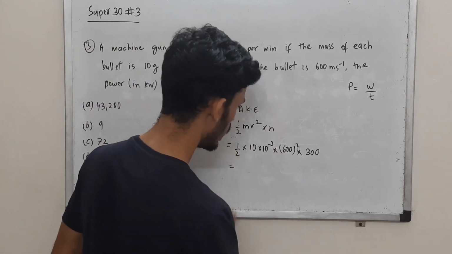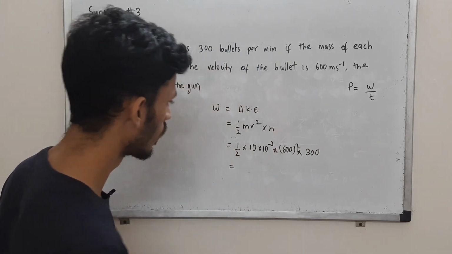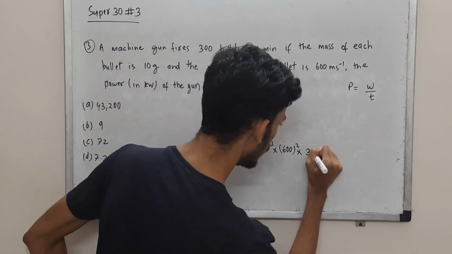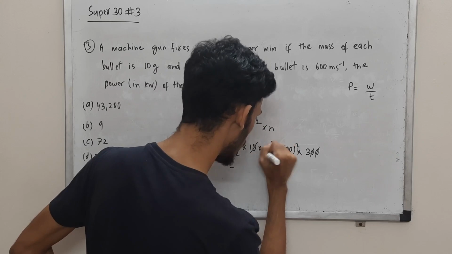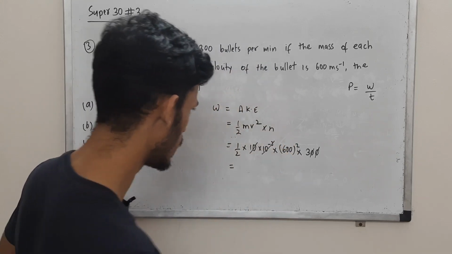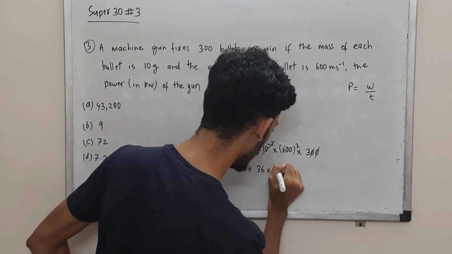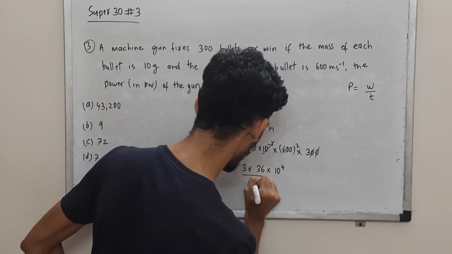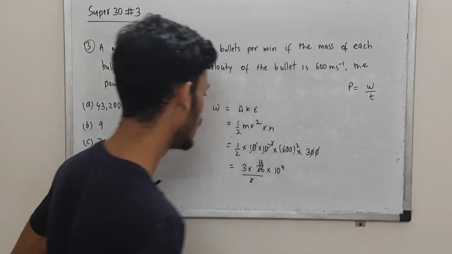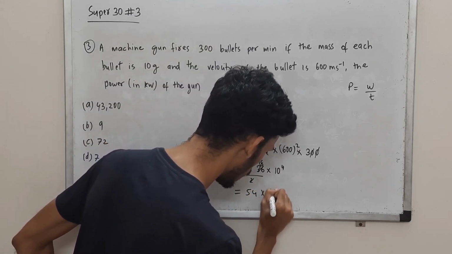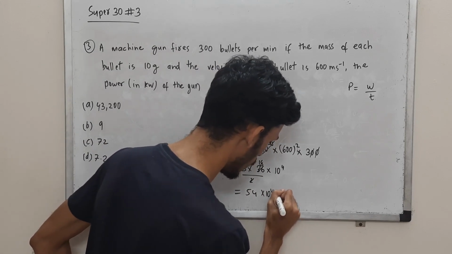The 10 to the power 2, 10 to the power 3, and 10 to the power minus 3 are fine. 3 into 36, and this is 10 to the power 4, and with the half this will be 18. 18 times 3 is 54, so 54 into 10 to the power 4. That is the amount of work.